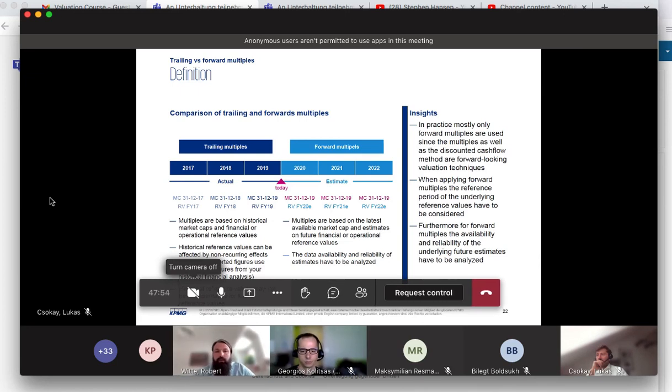Here you use estimates for the reference values: estimated revenue, EBITDA, net income, and so forth. What we do in practice is look at analyst forecasts from financial analysts covering the companies.